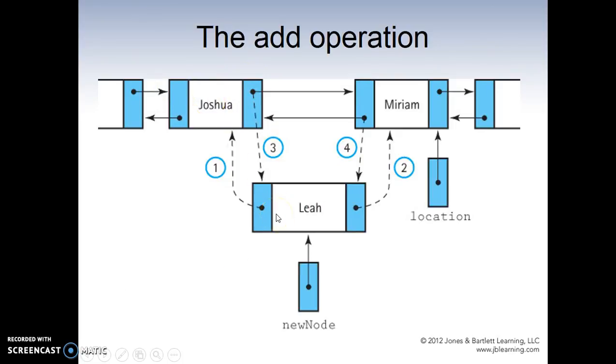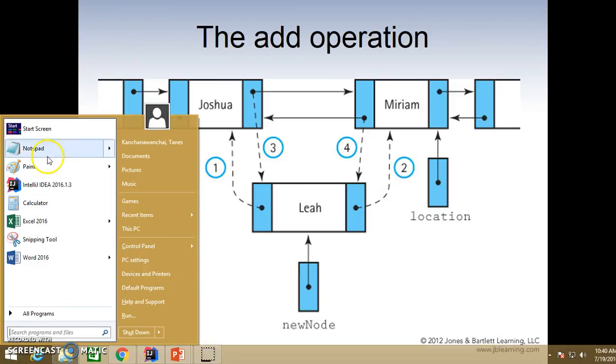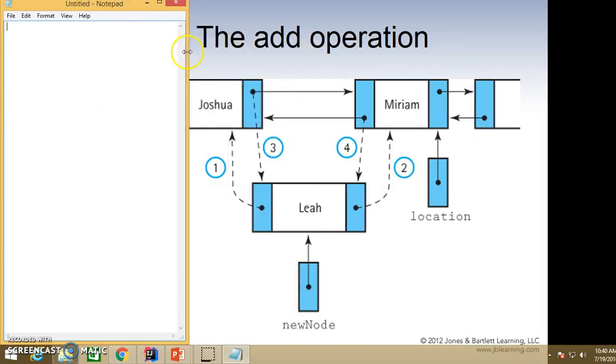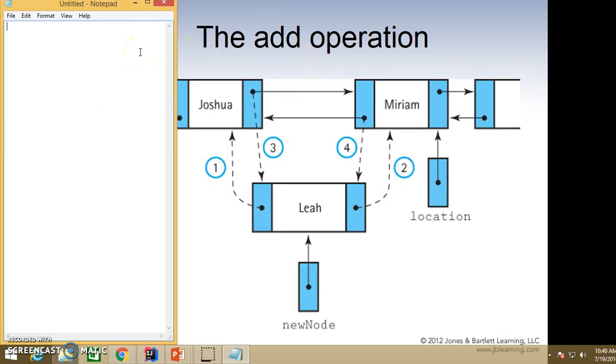Two, we will say new node, right? Has dot set back to location dot get back. Location dot get back. This is giving Joshua, correct?